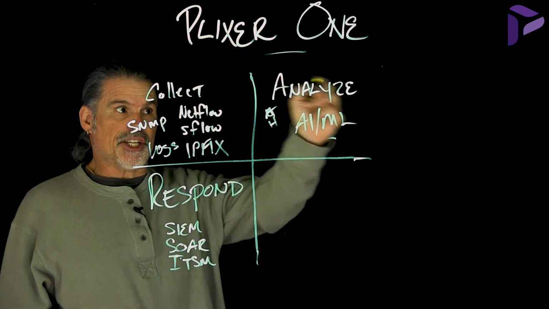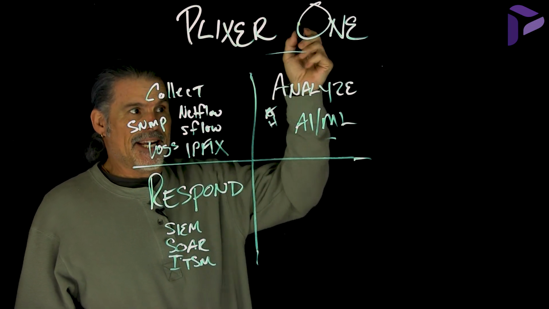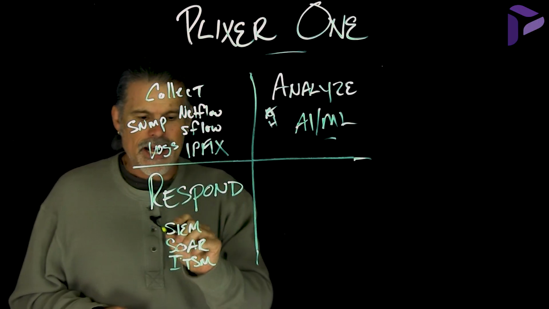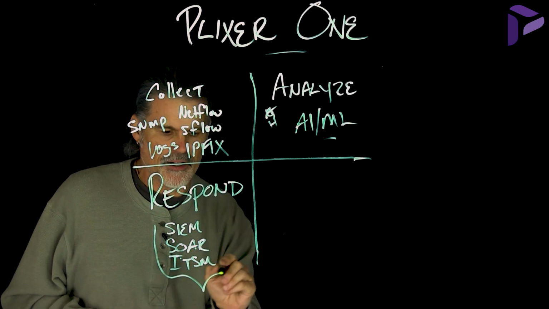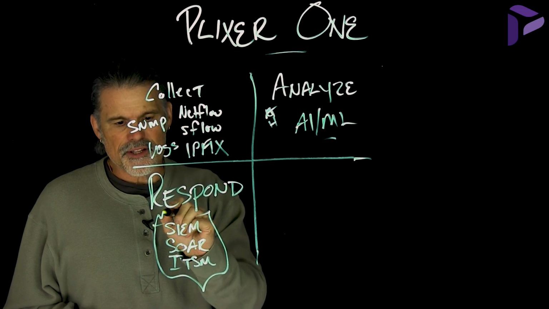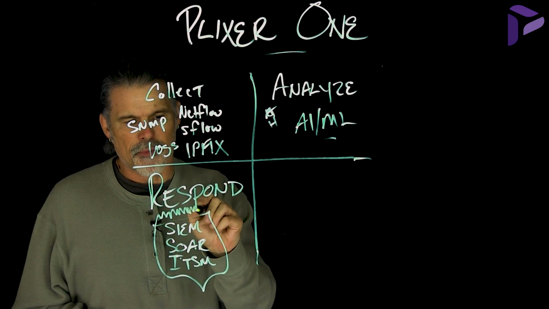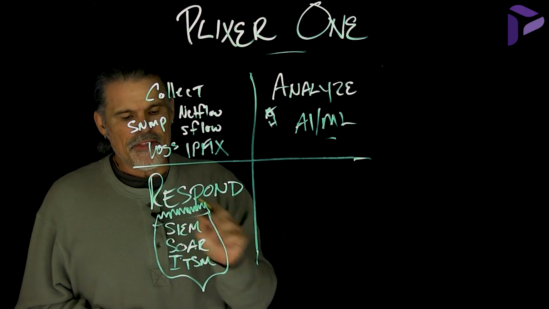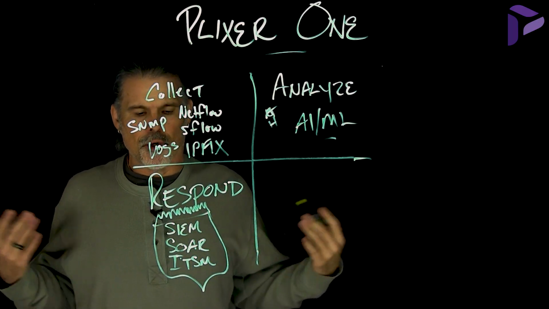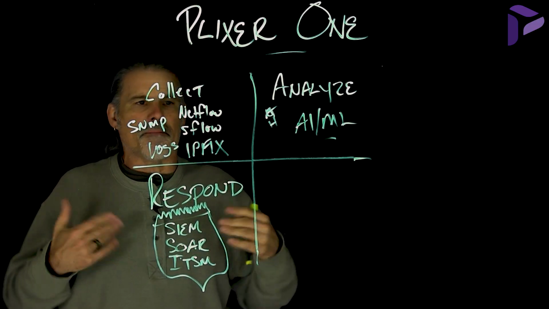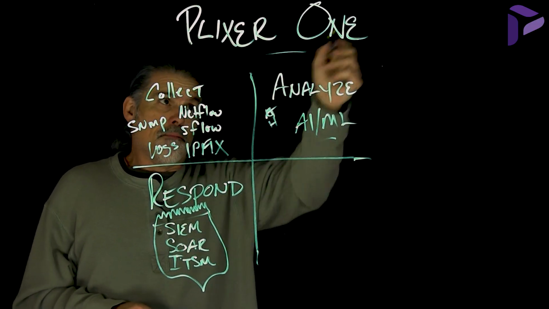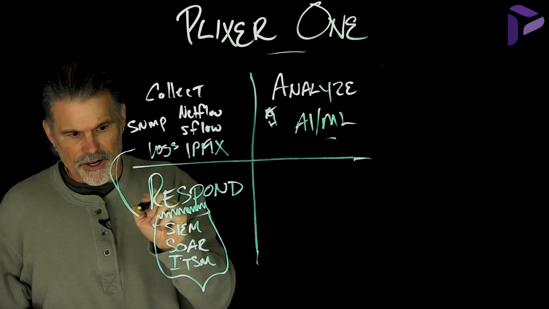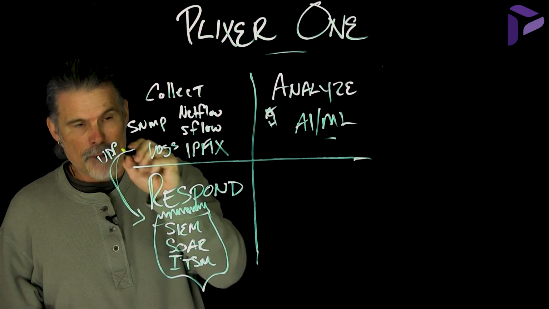So taking action after you get it, you know what's going on, is then taking action. And so that's why I put these down here, because these might be other collectors. You might want to use that network data in these appliances to do more, reporting, metrics, what have you. So built into Plixer One is Plixer Replicator, UDP Replicator.